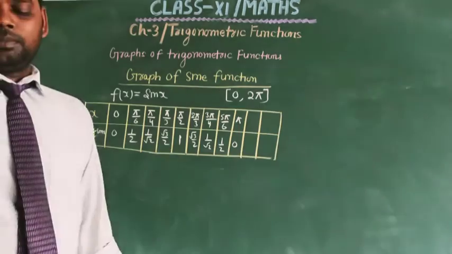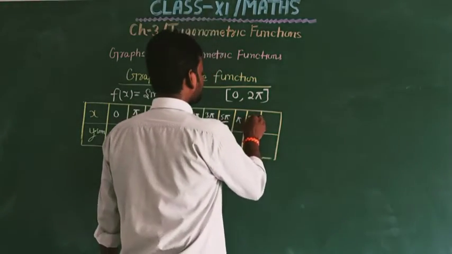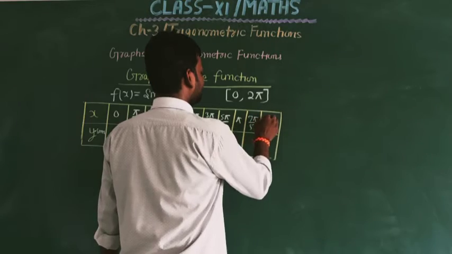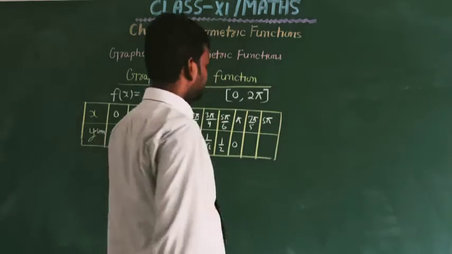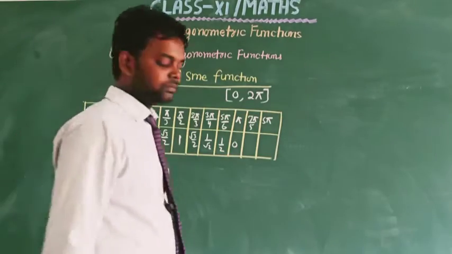Next 7 pi by 6, 5 pi by 4, 4 pi by 3, 3 pi by 2.